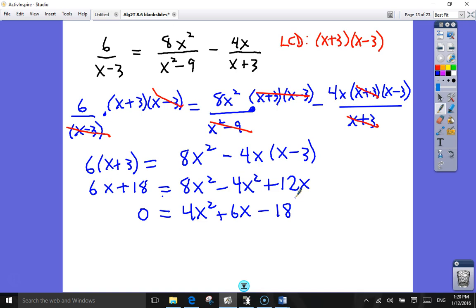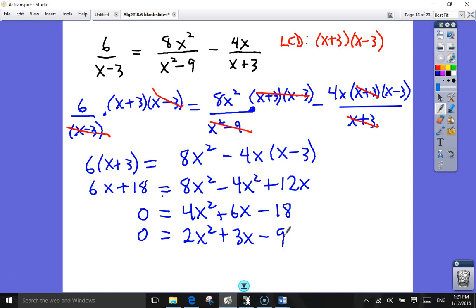Now we still got a quadratic to solve, right? Let me divide out a 2. 0 equals 2x squared plus 3x minus 9. And that would be one of those not simple. But is it factorable? Can you look and see that it's factorable? 2 times negative 9 is negative 18. Are there factors of negative 18 that add up to 3?